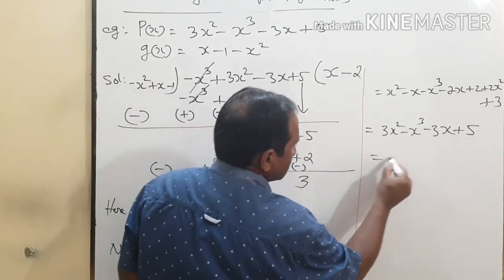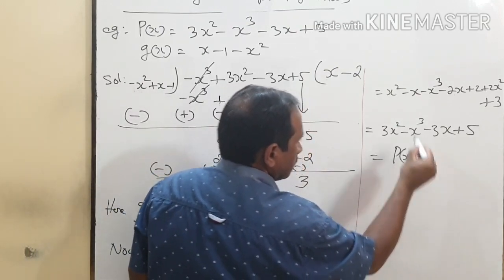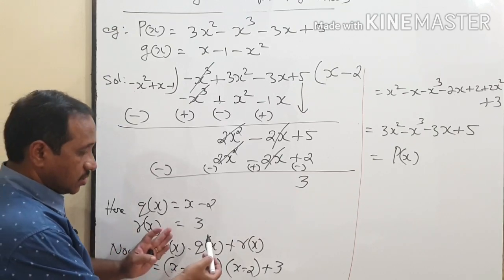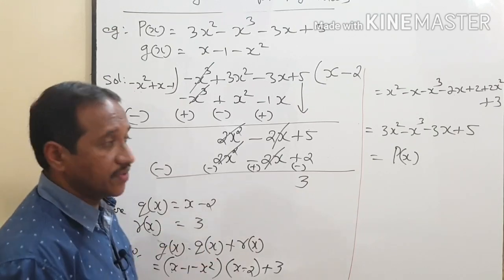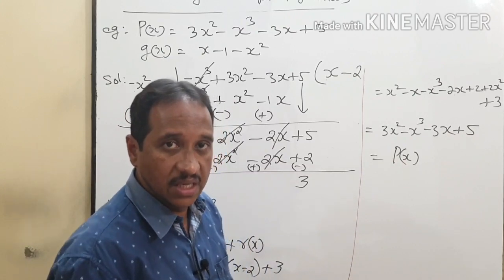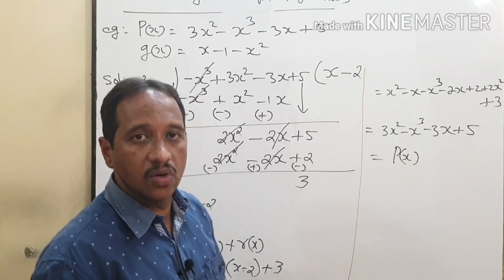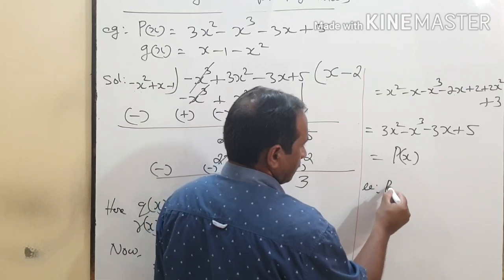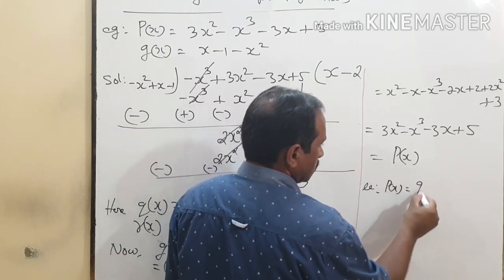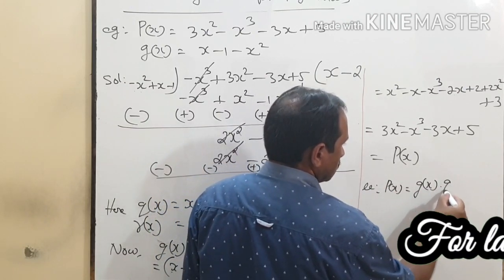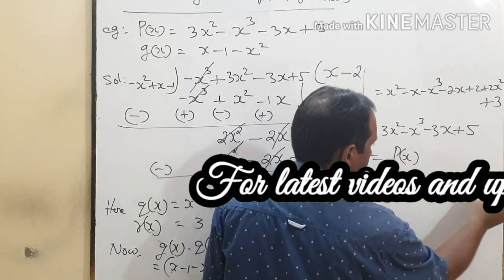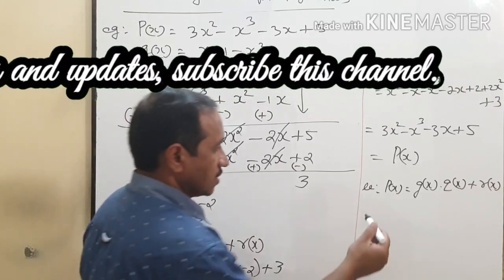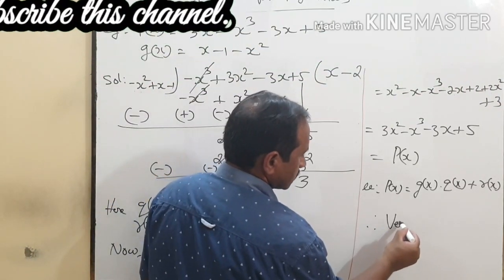So you can write this is equal to p of x. That is g of x into q of x plus r of x is equal to p of x. Therefore, the division algorithm is verified.